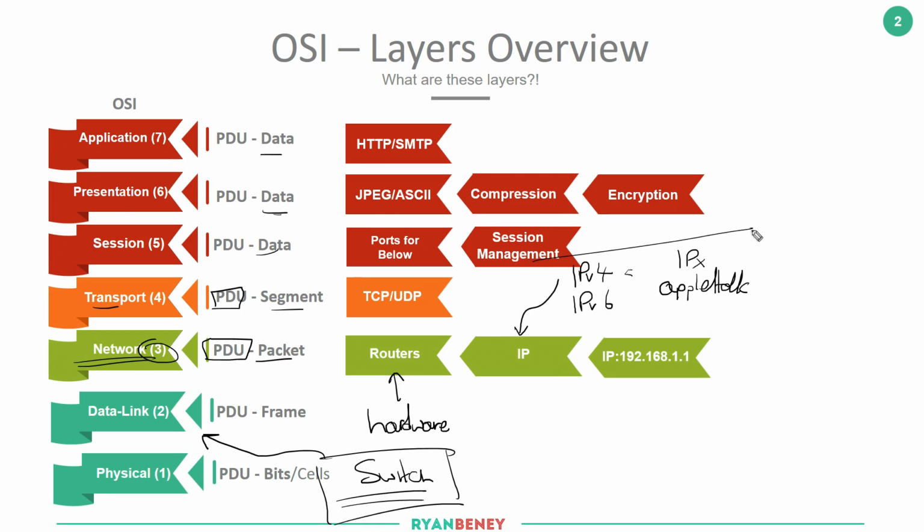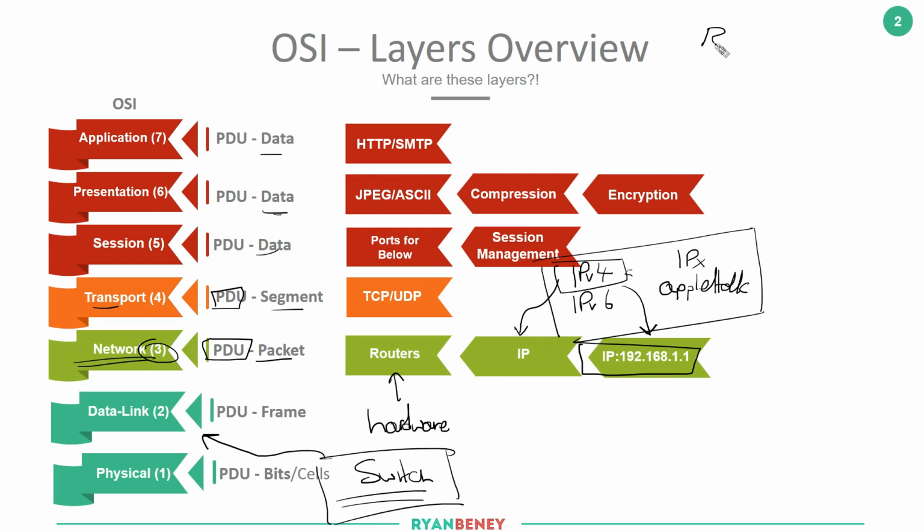Depending on the protocol running, in this case, let's say for example IPv4, we have an IP address. The IP address is essentially the address of a particular PC, host, or device like a router and sometimes a switch. To give an example of what the network layer actually does, it can do two things.